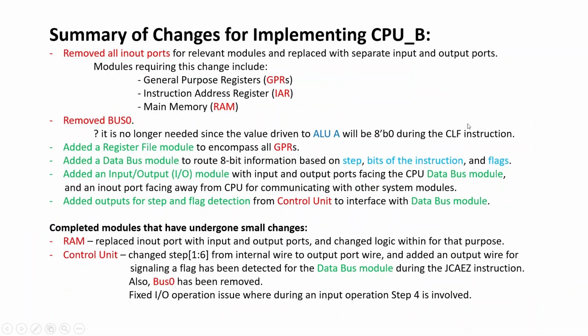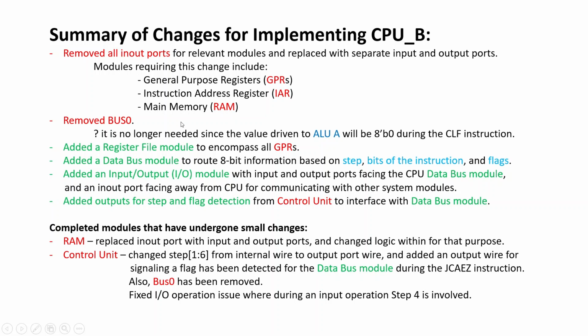And so here's really a summary of changes for just going from the tri-state model from the book to CPU-B. All the in-out ports have been replaced with separate input and output ports, and that only affects these 3 modules. If you look at the diagram, for the GPRs, each general purpose register, the IAR and the RAM has an in-out port.